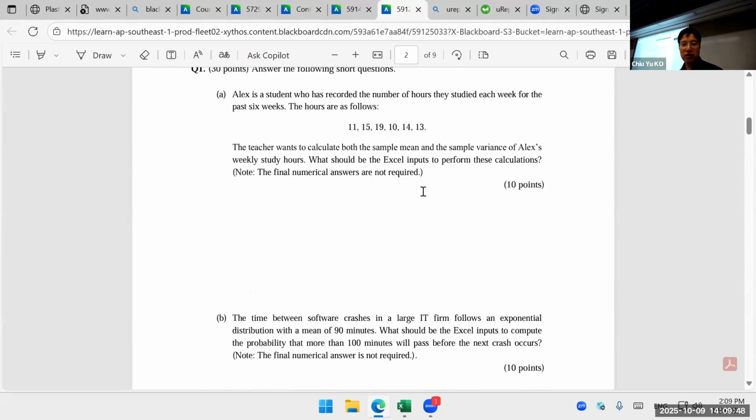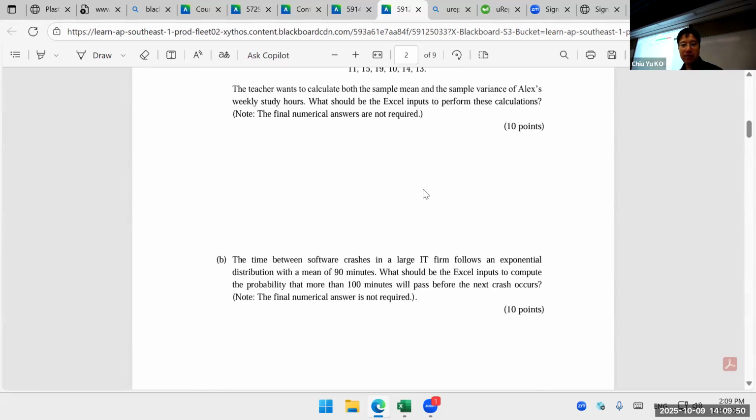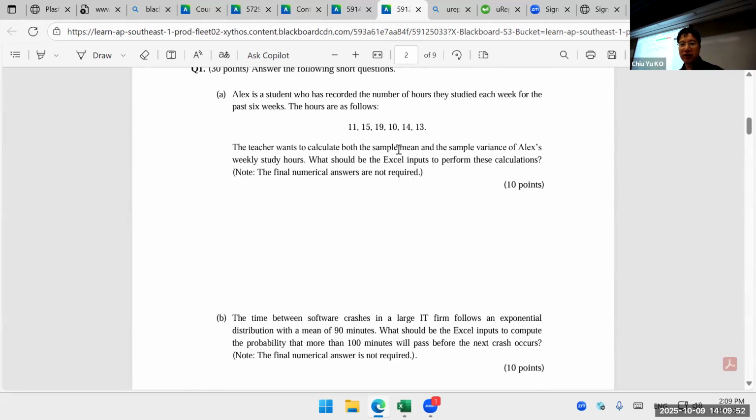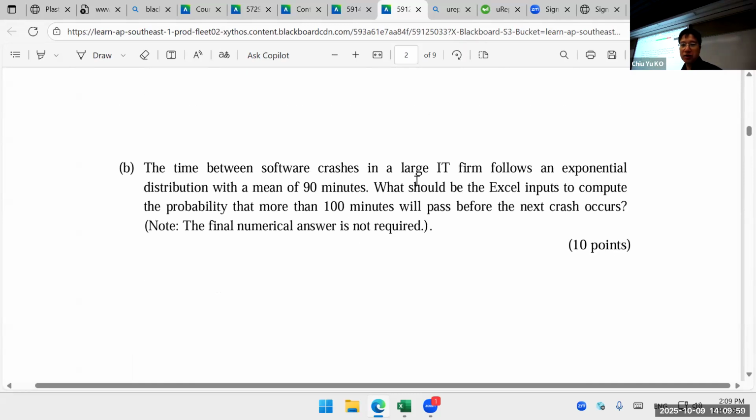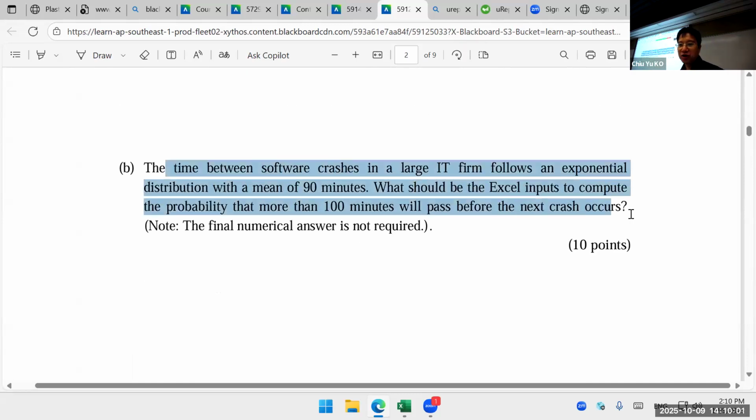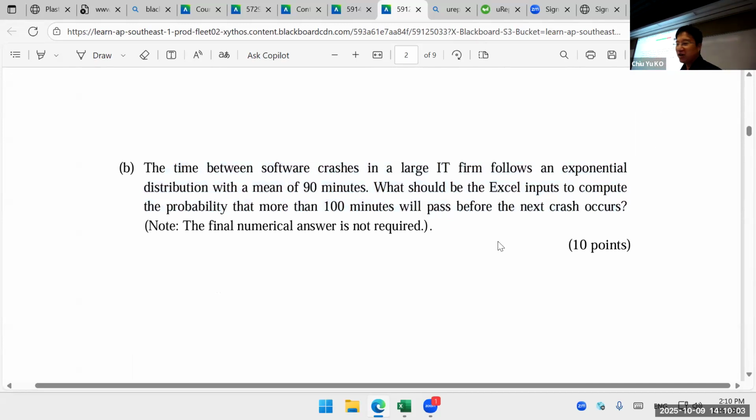Question 1 has part A, and it's not very complicated. I asked you how to calculate the sample mean and sample variance. For the exponential mean, use Excel. You don't need to give the answer, you give me the Excel output, which you will know after the break.